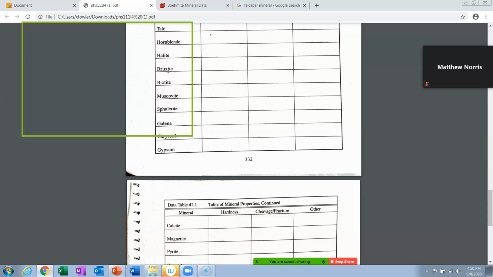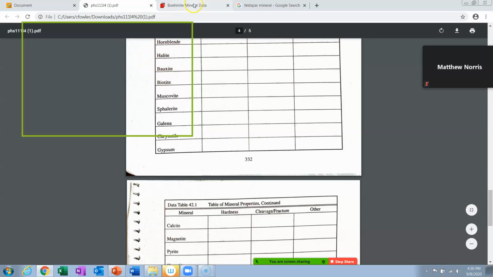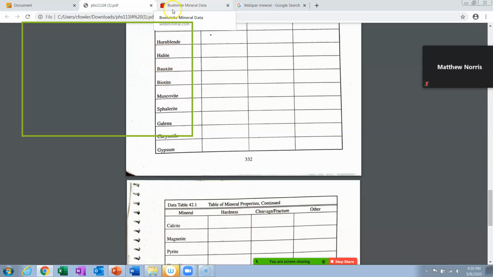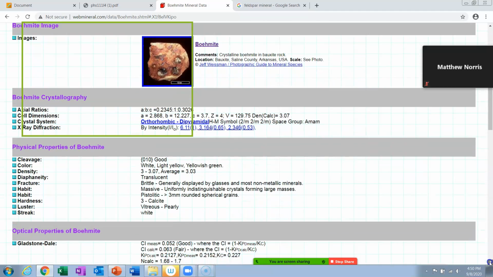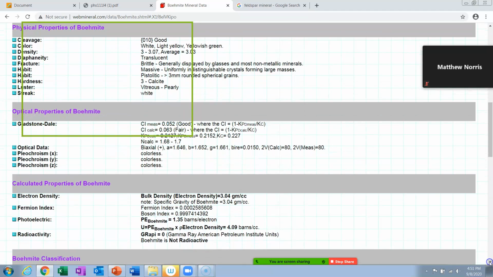So go to boehmite. Write it here, and then when you go to boehmite, there it is, BOEHMITE. When you go there, there is your listing. Physical properties of boehmite. And again, color, luster, streak, hardness, cleavage slash fracture, density.